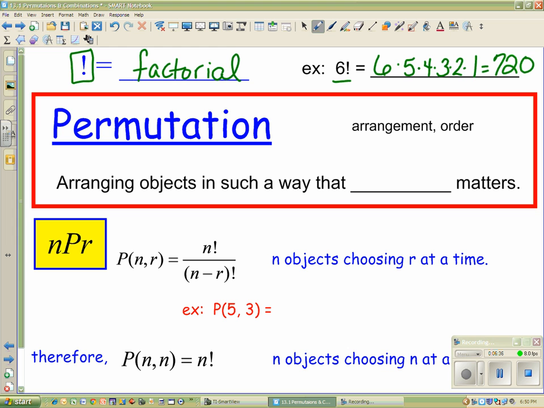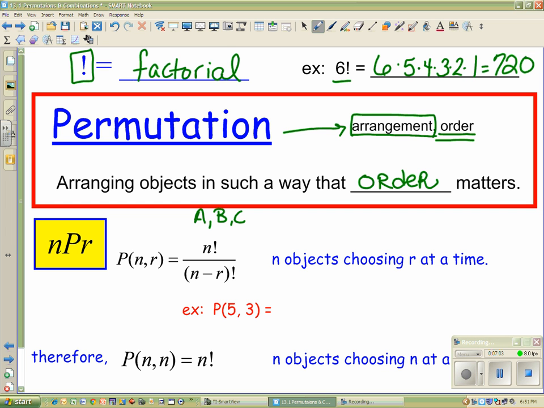Now permutations, you guys. Permutations are all about arranging things or the order of things. So arranging objects in such a way that order matters. Well, what does that mean? An example: if I had the 3 letters A, B, and C, how many different ways could I arrange that?